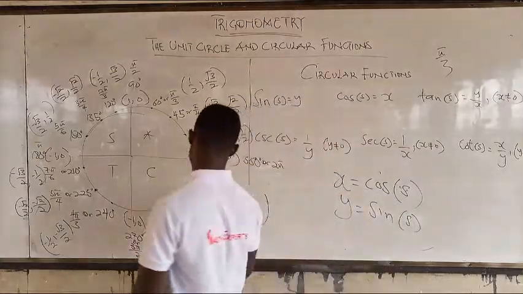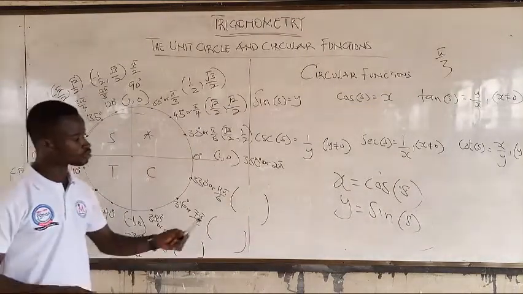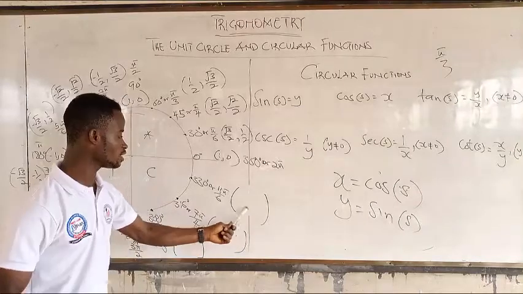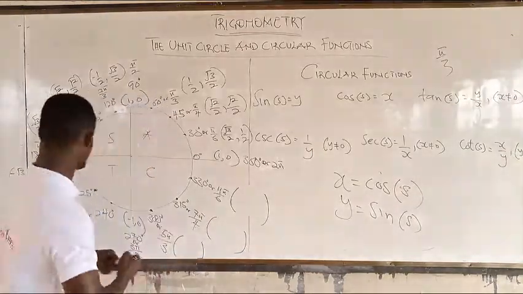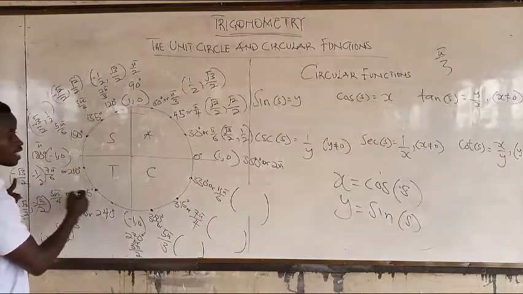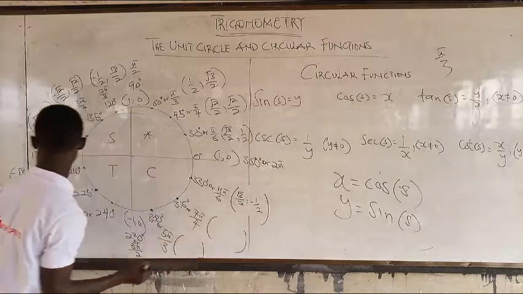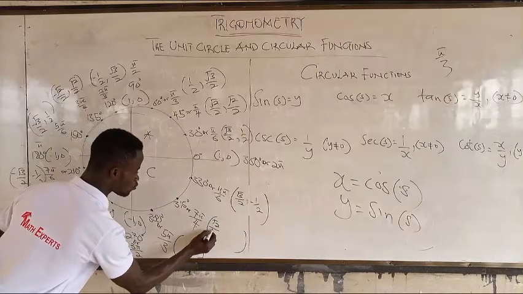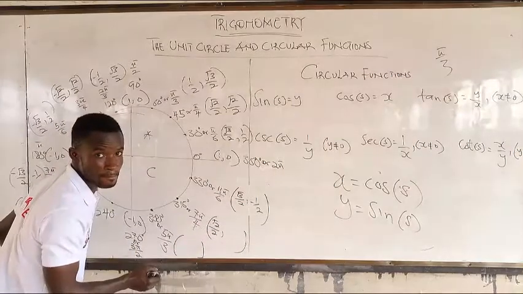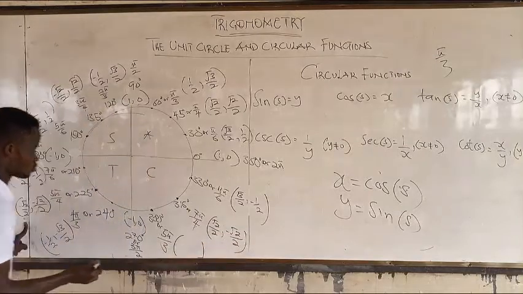Alright, so let's derive the one on the fourth quadrant. Then we close. So let's look at this. This is going to be the same as this, but on the fourth quadrant, only cos is positive. So here is going to be the same thing. Here, we're going to get square root of 3 over 2, negative half. The same thing. Here you get square root of 2 over 2. But here is going to be negative square root of 2 over 2.